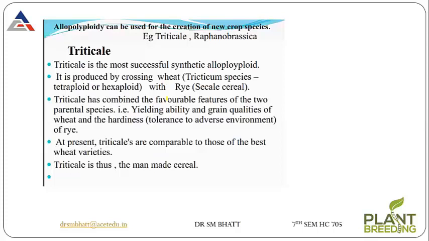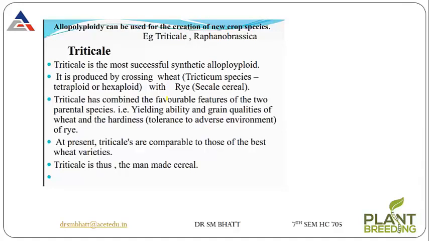When they were crossed, initially they were sterile, but after treatment with colchicine, they are now fertile. So that's why this is called a synthetic allopolyploid. And they are best performing in the world. You can see good yield, good varieties, good seed. The quality of wheat and hardiness is also improved because of the rye.